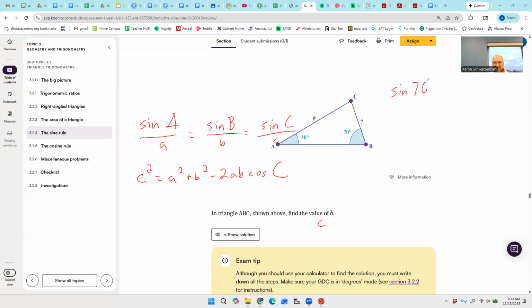Find the value of B. So this one, sine 70 over B equals sine 30 over 7. Times B. Then we'll divide by sine 30.